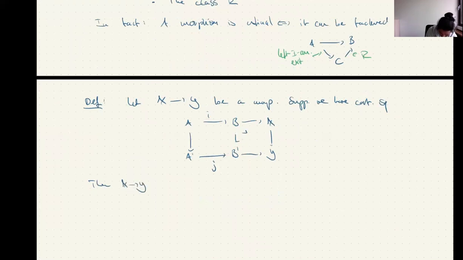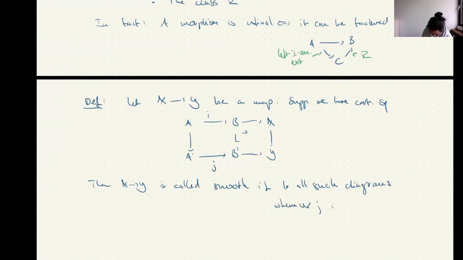Then this morphism from X to Y is called smooth if for such diagrams, whenever J is cofinal, so is the morphism I. It's just mimicking the definition for, say, simplicial sets or categories.